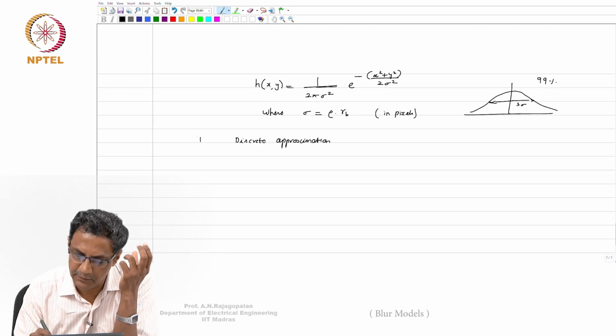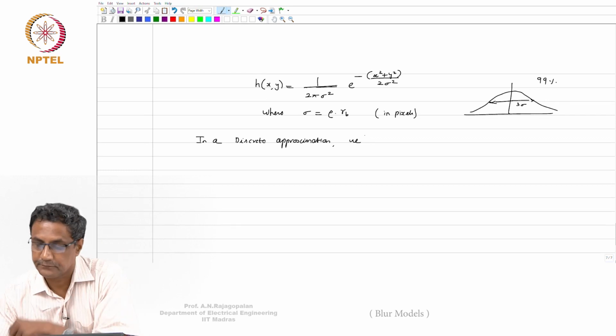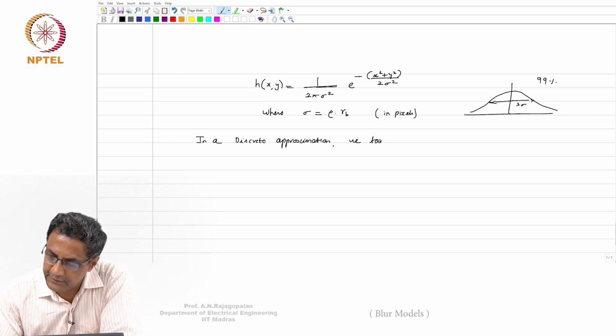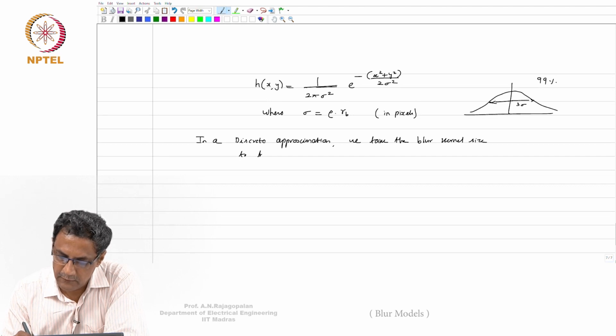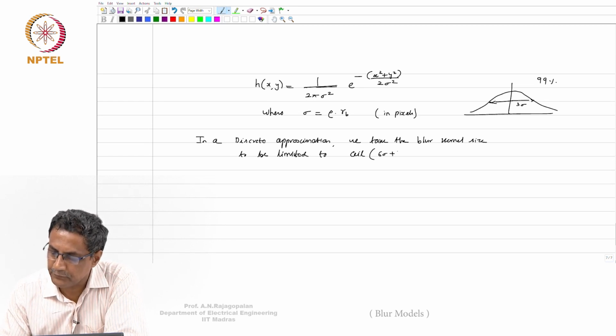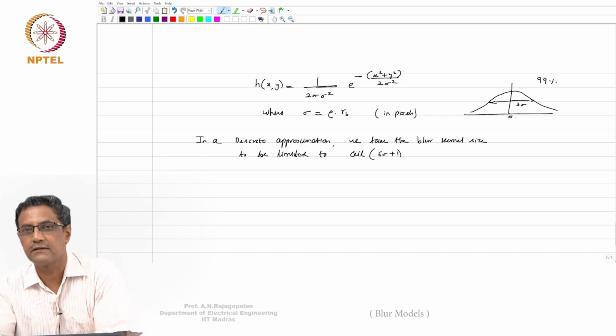In a discrete approximation, we take the blur kernel size to be limited to ceil of 6 sigma plus 1, because there is also the origin, the mean. So 3 sigma on each side plus 1.